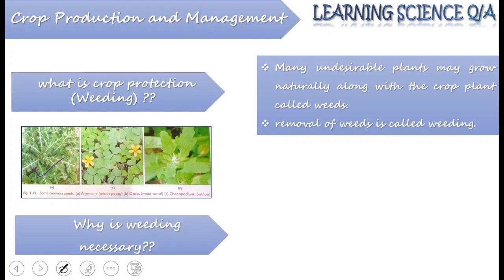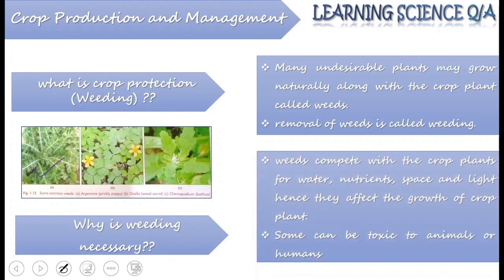Now, why is weeding necessary? These plants are also green. They can also give oxygen. They are also doing photosynthesis. So, why is there a need of taking out these plants from the crop plant? So the simple solution to this is that weeds compete with the crop plant.